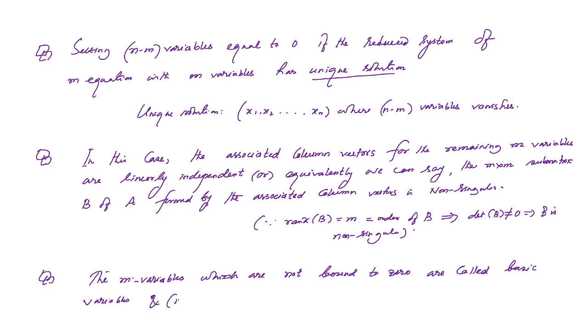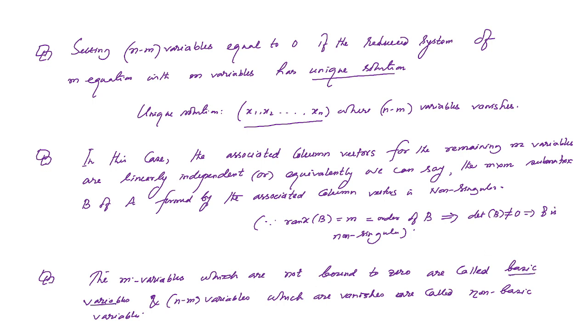And the n minus m variables which are equal to 0 are called non-basic variables. That means when we get the unique solution, it is in the form of an n tuple. In the n tuple solution, n minus m variables we have considered 0, and the remaining m variables are not bound to 0. So these remaining m variables are called the basic variables, and the variables which we set as 0 are non-basic variables.